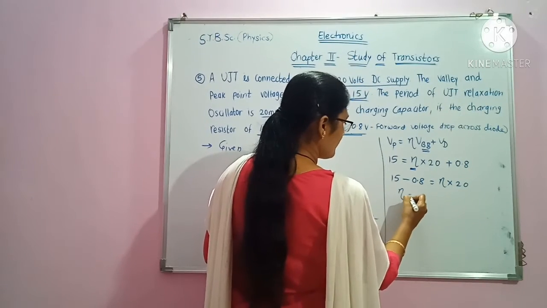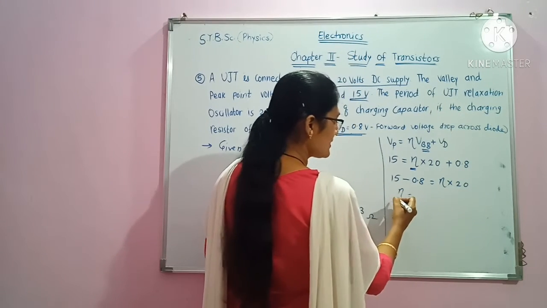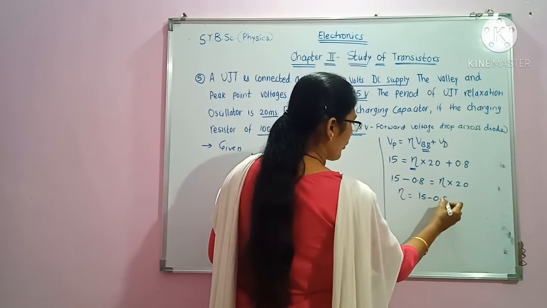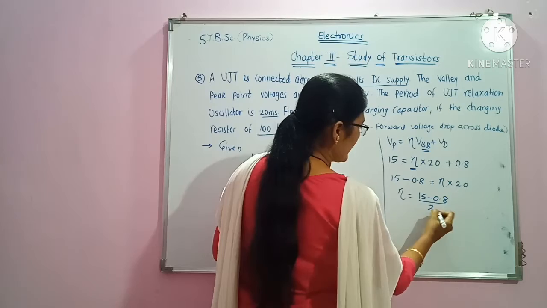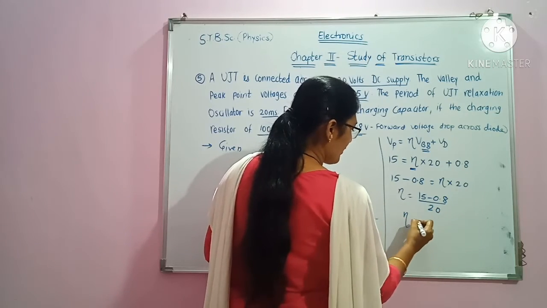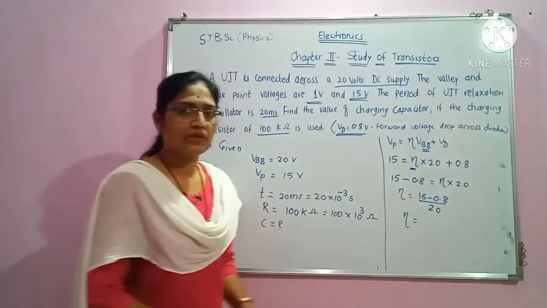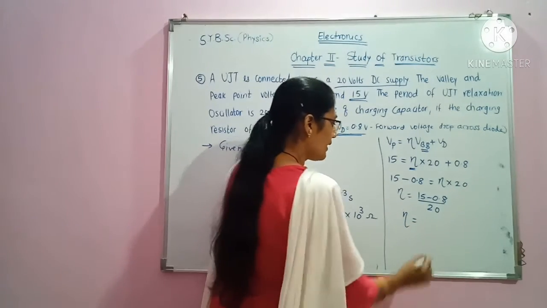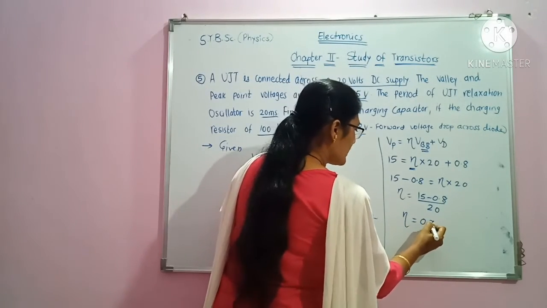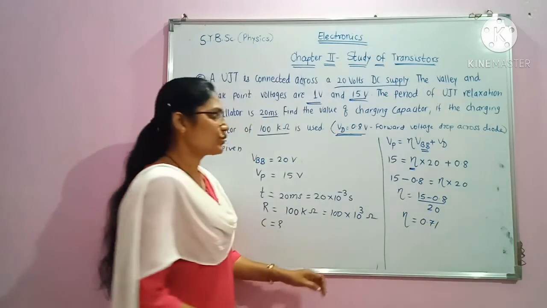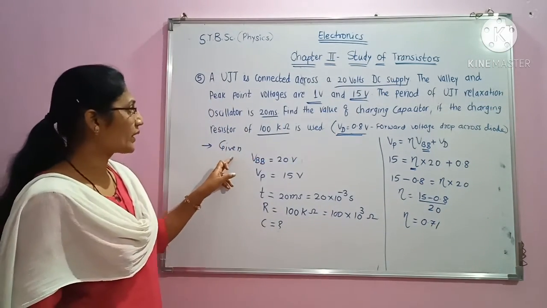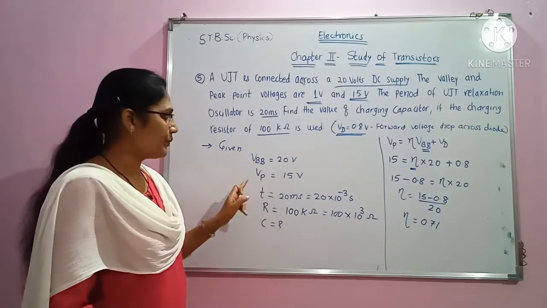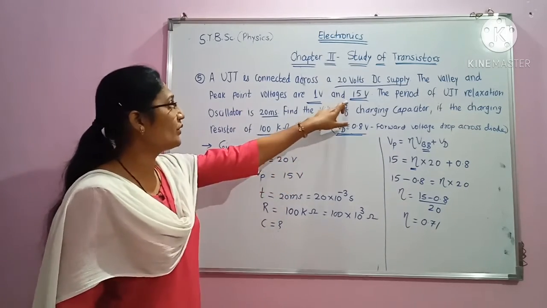Hence eta is equal to 15 minus 0.8 divided by 20. After solving this, you will obtain the eta value as 0.71.